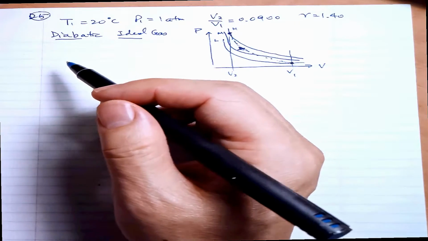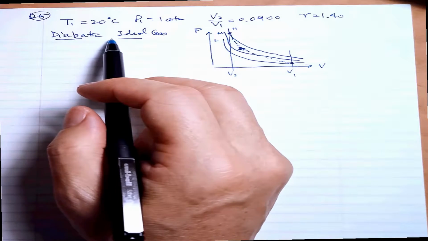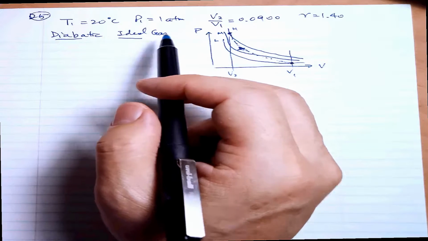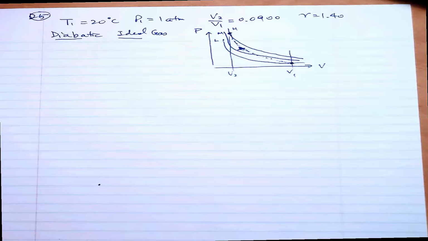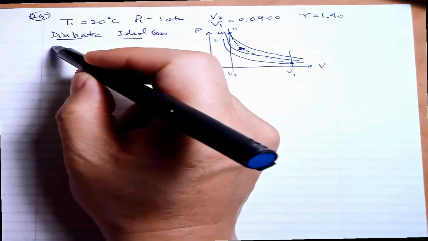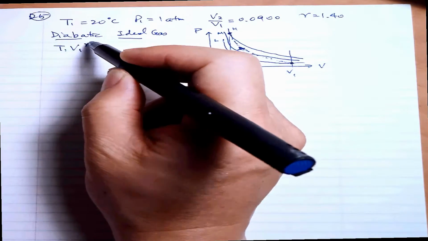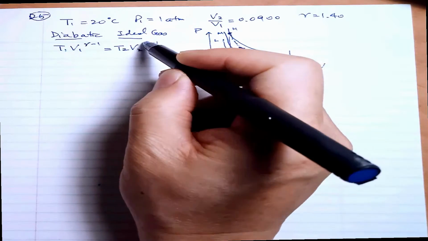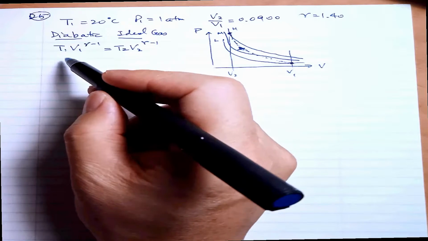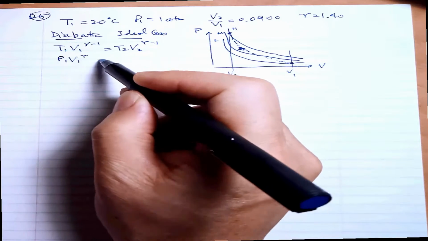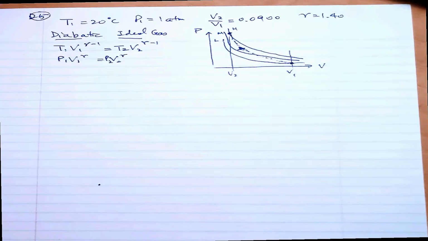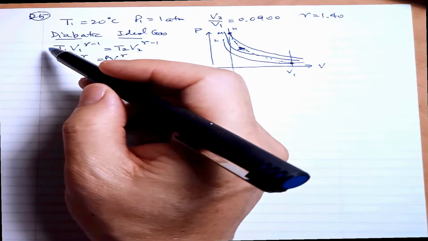Because this is adiabatic, which means no heat exchanged, and also an ideal gas, you need to remember some formulas for an ideal gas adiabatic process. That is T1V1 to the gamma minus 1 equals T2V2 to the gamma minus 1. That's the first formula. The second formula is P1V1 to the gamma equals P2V2 to the gamma.